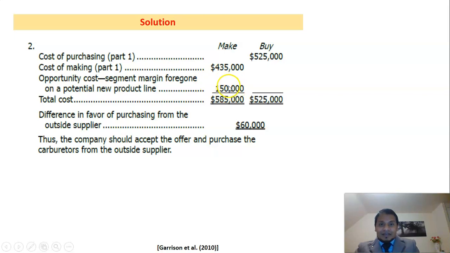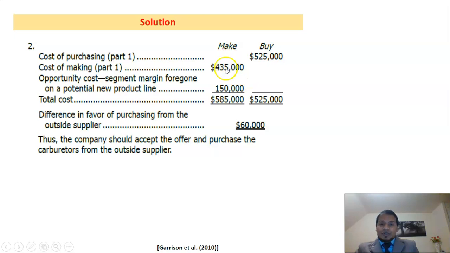If you make, then your carburetor cost is this, but you would not be able to produce the new product, and you are losing 150,000 from the new product because you are not making that. But you can get this 150,000 if you buy. So this would be revenue if you buy, but this would be your cost if you make, because you are not getting this money.